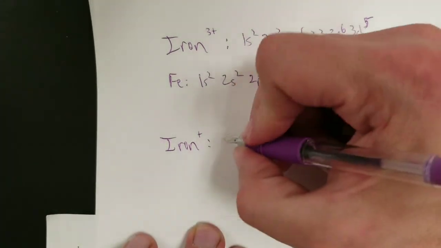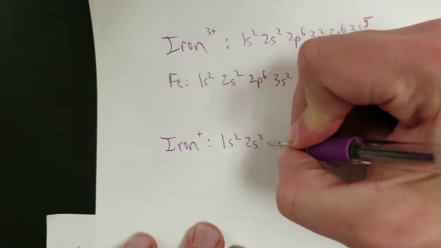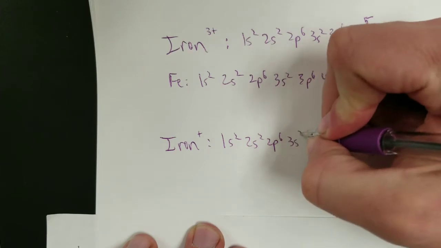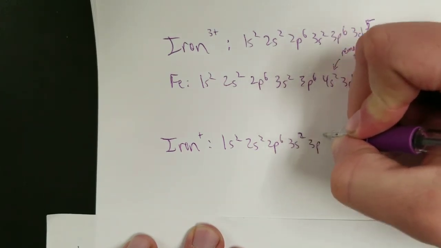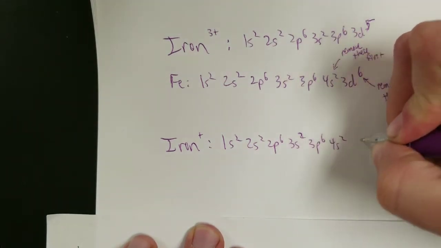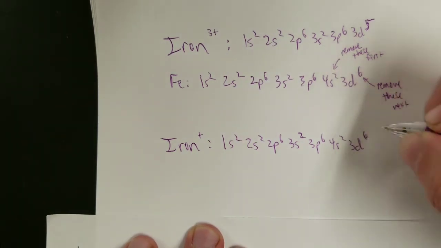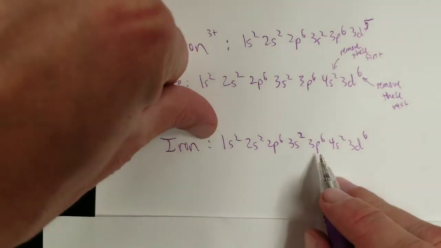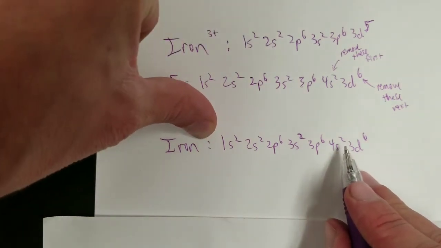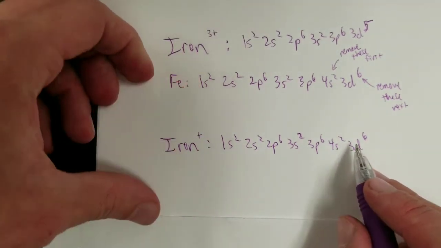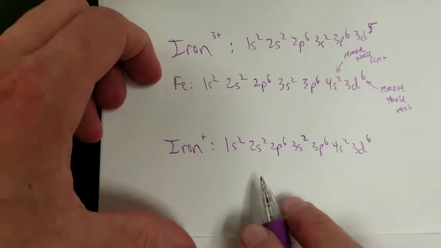What if it was iron with just a 1 plus charge? Well, here's 1s2, 2s2, 2p6, 3s2, 3p6, 4s2, 3d6. That's the original, that's just iron. For iron 1 plus, subtract 1 electron from here first.